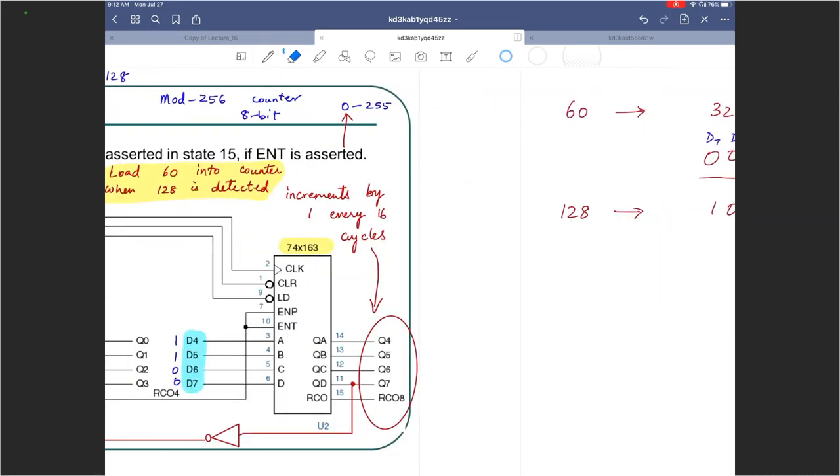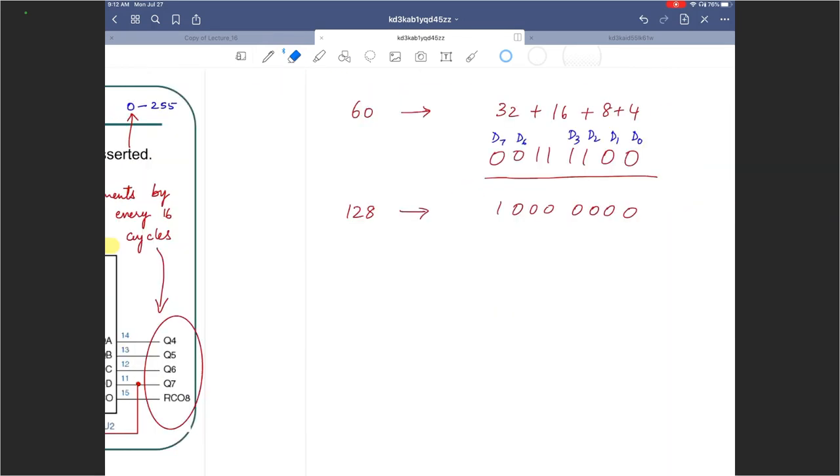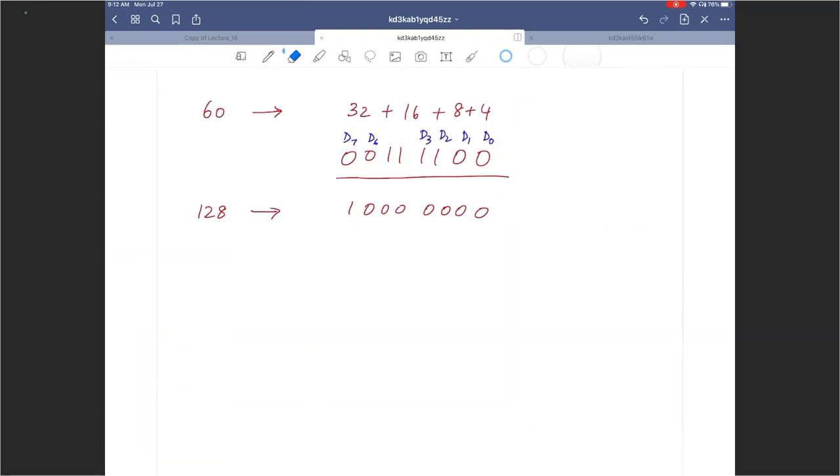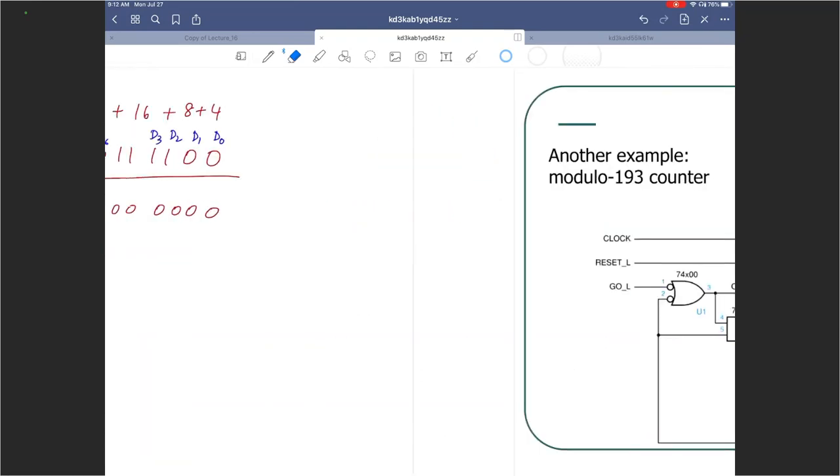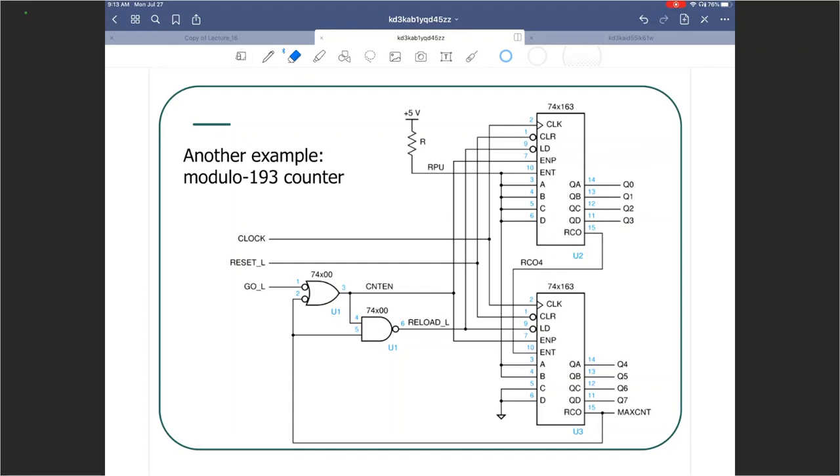Now we are trying to design a modulo 193 counter next. So in this example, we have two 74x163 chips that are cascaded together, but it is an interesting example, similar to what we did with the 60 to 128 example.